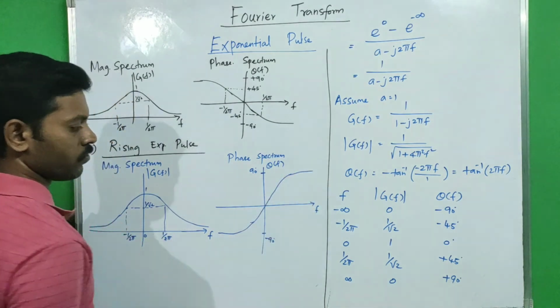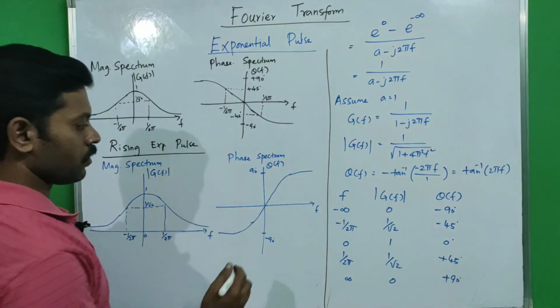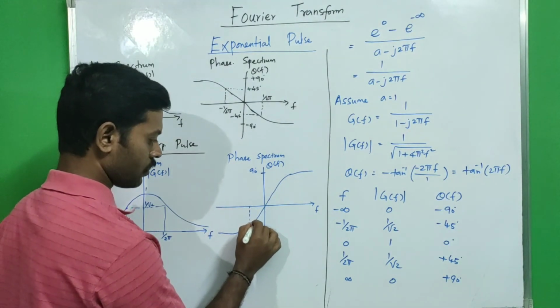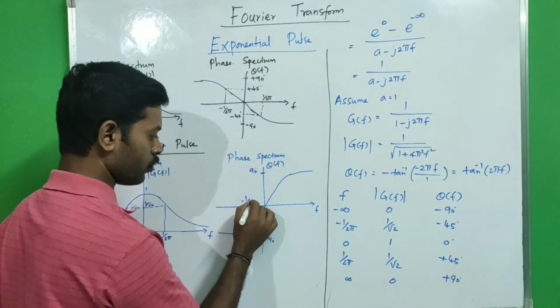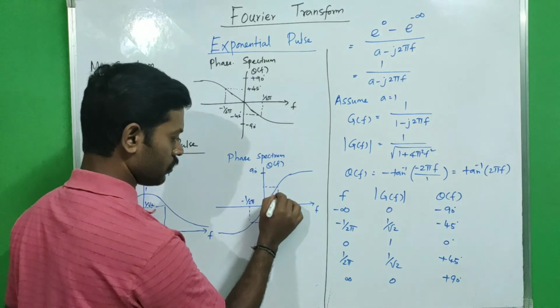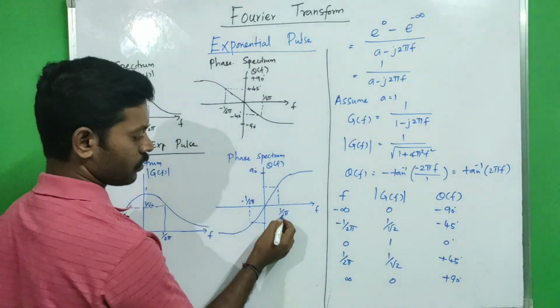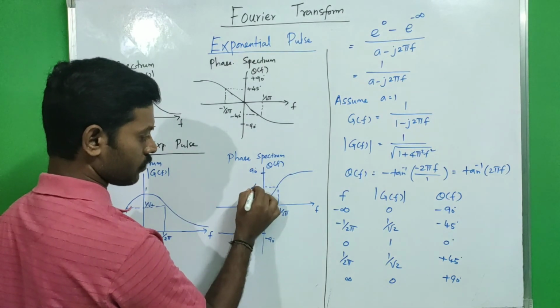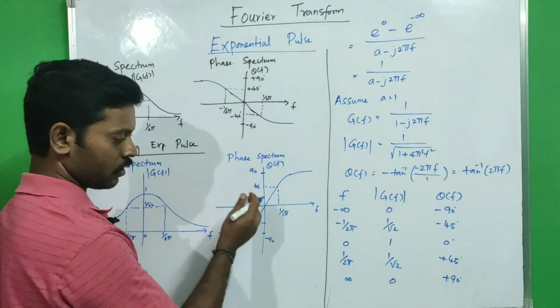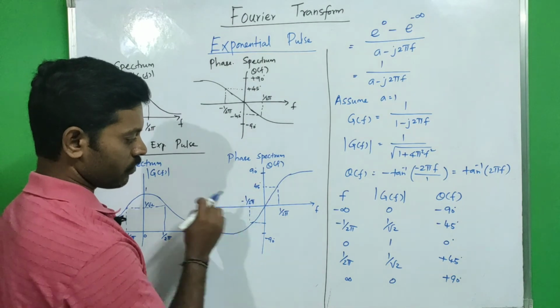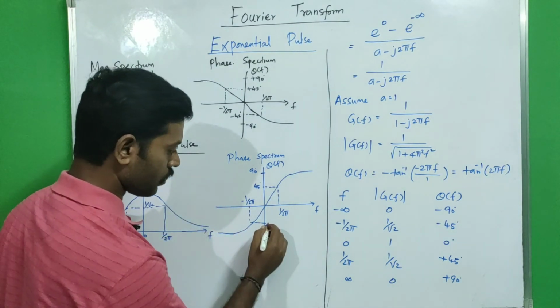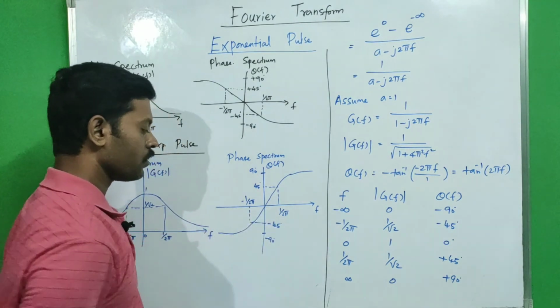Here this is minus 1 by 2 pi, and this one is plus 1 by 2 pi. When f equal to 1 by 2 pi, theta equal to 45 degree. When f equal to minus 1 by 2 pi, we will have minus 45 degree.